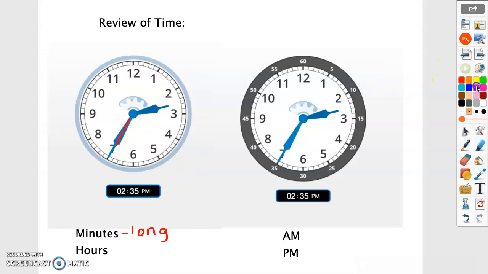When I think about hours, I think of my shorter hand. So this is my shorter hand, and this would be my hours. That's going to be pointing to my hours, okay?